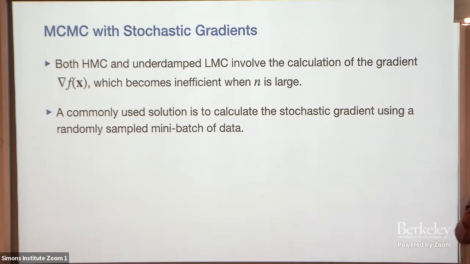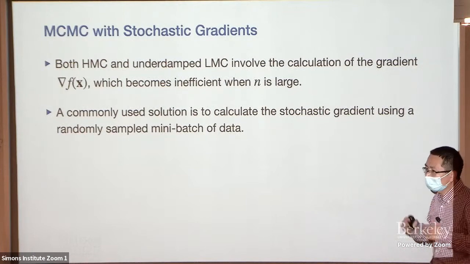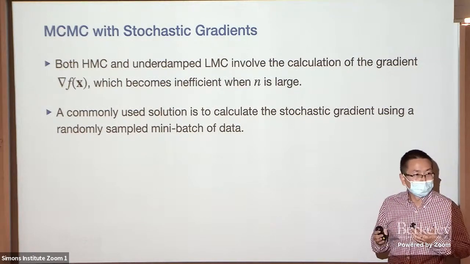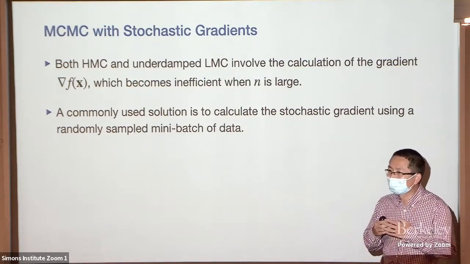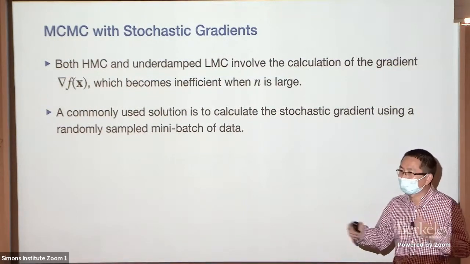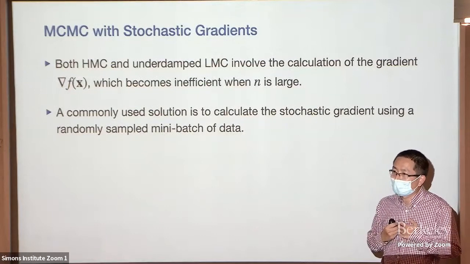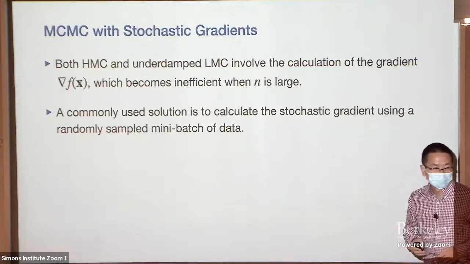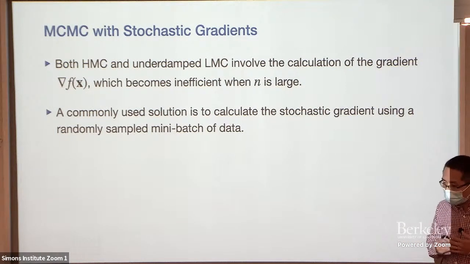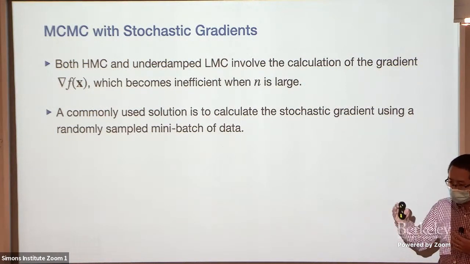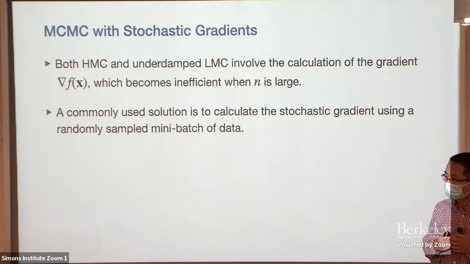Okay, and in order to overcome this problem, a very natural idea is to use the stochastic gradient to approximate the full gradient, and this gives rise to stochastic gradient versions of HMC and underdamped Langevin. The key question I want to discuss in this talk is how to prove the convergence of HMC and underdamped Langevin with stochastic gradient estimators.